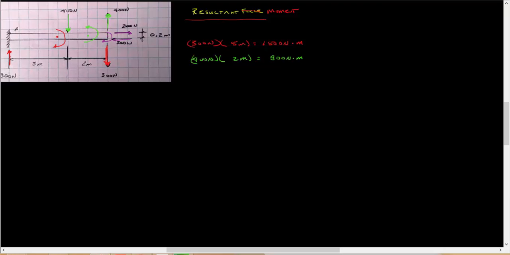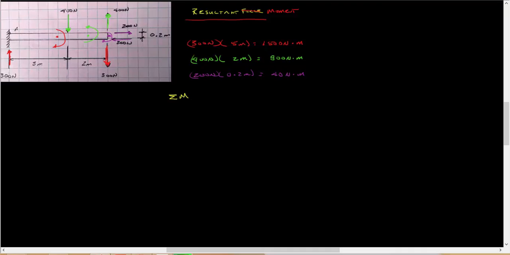And then my last two forces cause a couple, and that's going to be 200 newtons times 0.2 meters, which is going to be 40 newton meters.